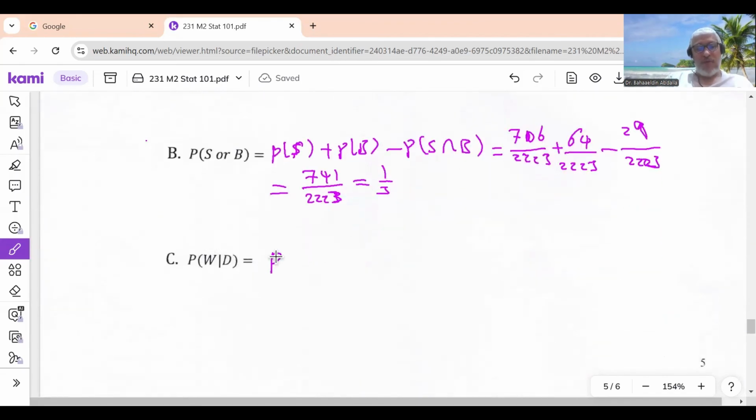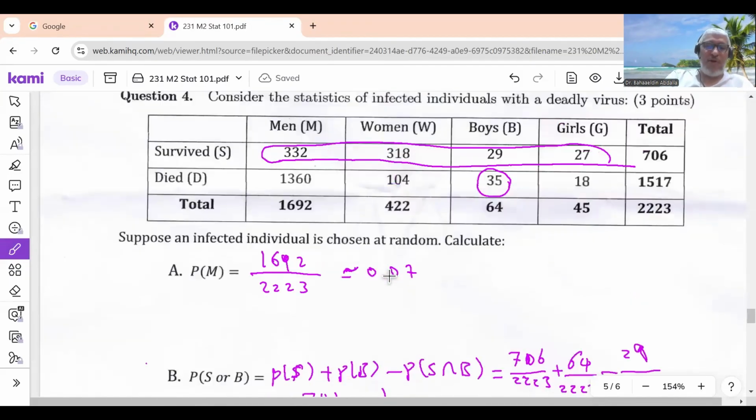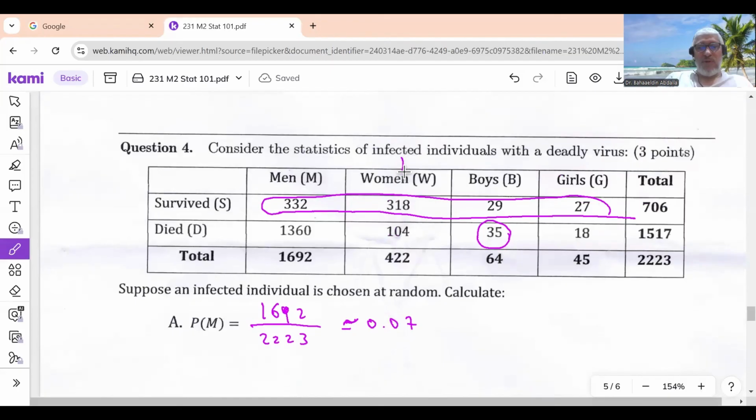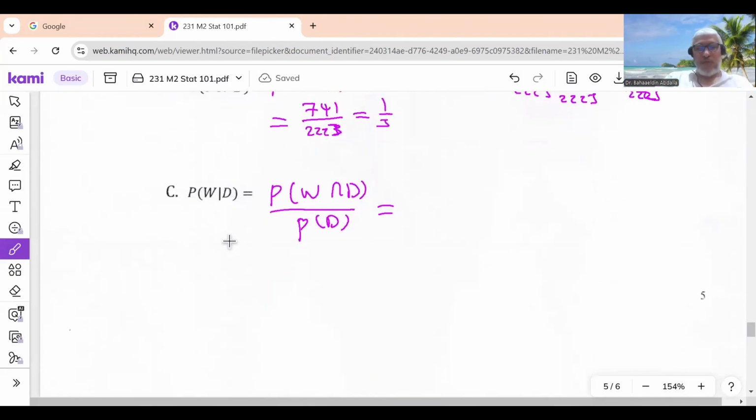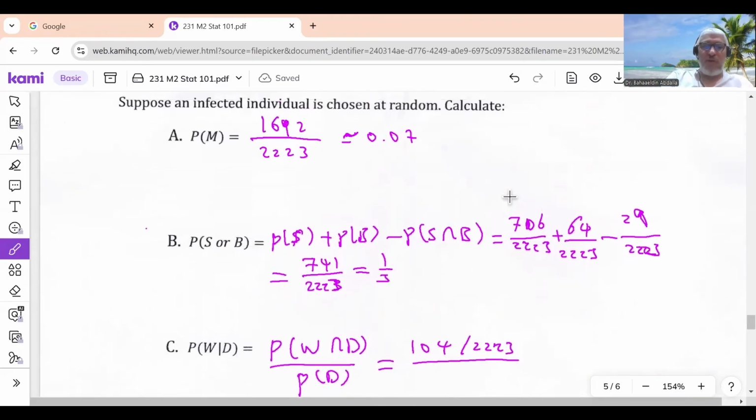Conditional probability of W given D, by definition, is probability of W intersection D over probability of D. So go to W and D. This is W and this is D. Well, 104 is in the intersection of W and D. So probability of W intersection D is 104 divided by 2223 if you want.